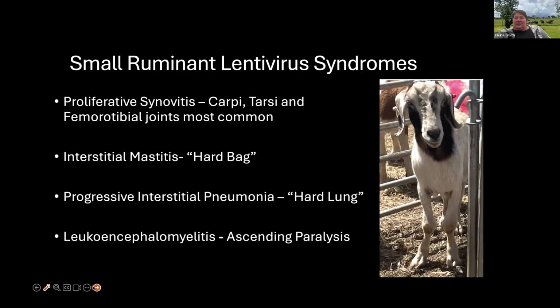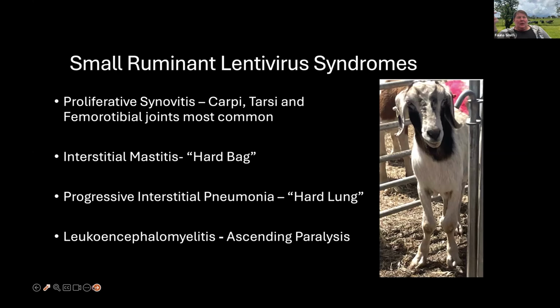So when we talk about small ruminant lentiviruses, there are four clinical presentations or syndromes that we see. Again, I actually dislike the name CAE for the virus because it misses two very significant clinical syndromes that this virus can cause.